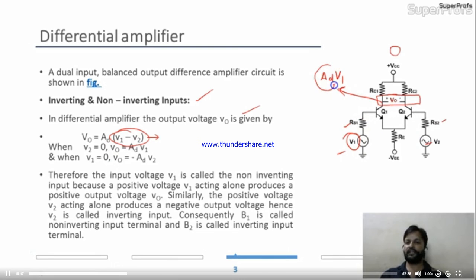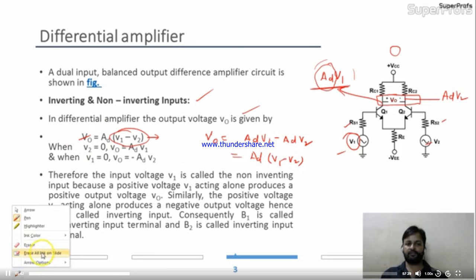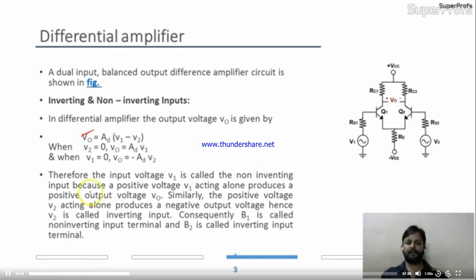AD is the gain due to this circuit, or the amplifying factor. And here I am getting AD V2. Now we are taking the difference of these, so V0 is automatically AD V1 minus AD V2. If you take AD common, you will get V1 minus V2. The same thing is written over here. Is it okay?